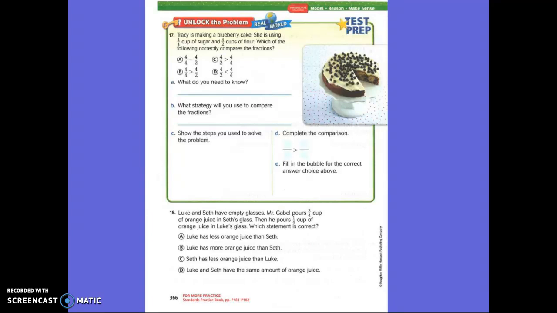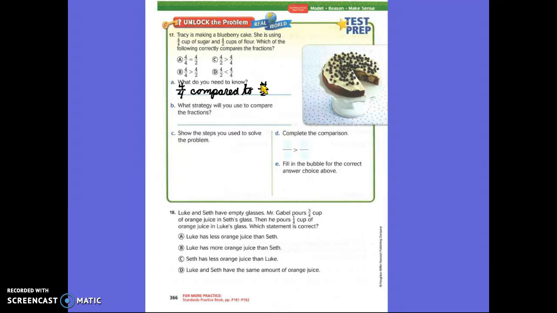So we're going to say 4/4 compared to the fraction 4/2. Okay? I just read the whole entire question. That's what we're doing.